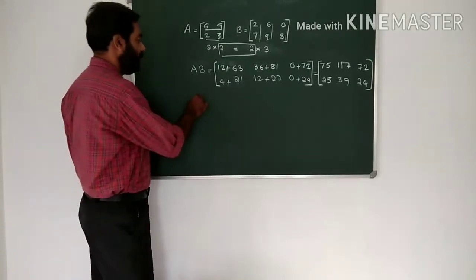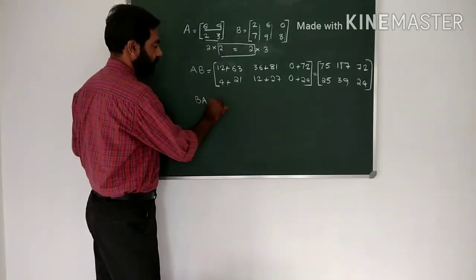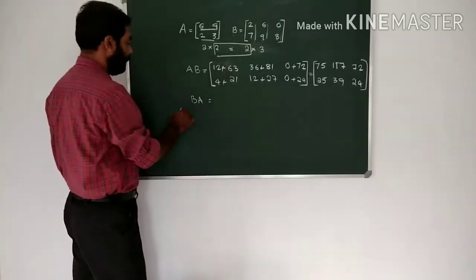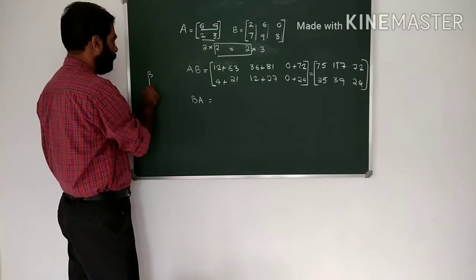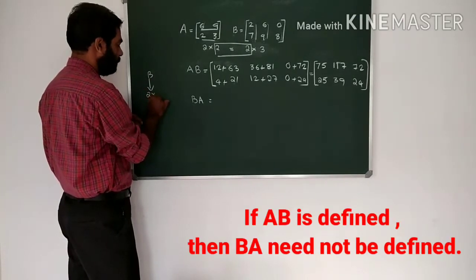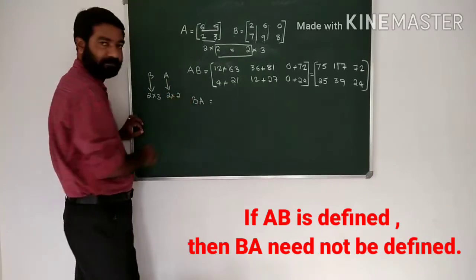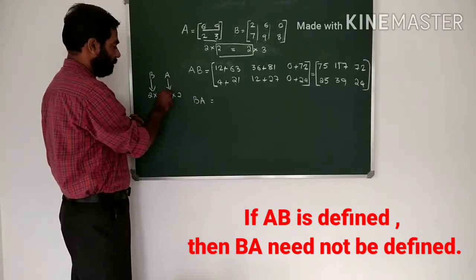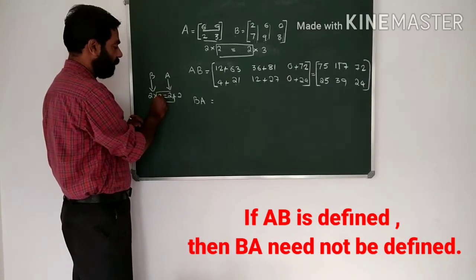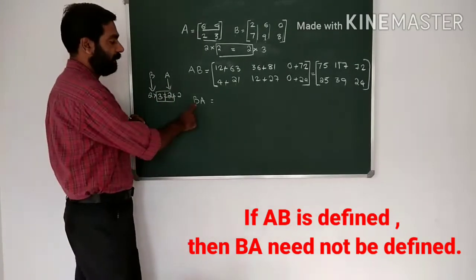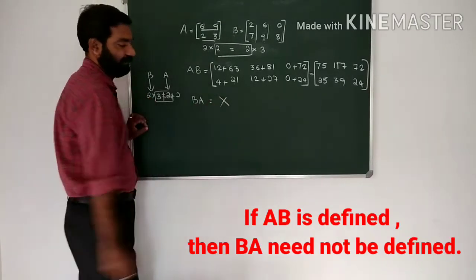Now, can we find BA? See, what is the order of B? Here, the order of B is 2 by 3. And the order of A is 2 by 2. Here, the number of columns of B is not equal to the number of rows of A. So, BA is not defined.